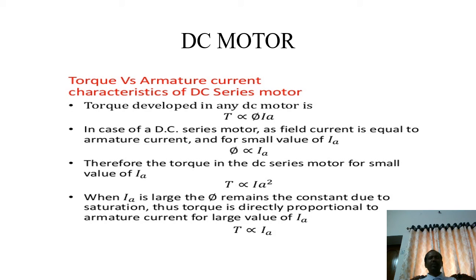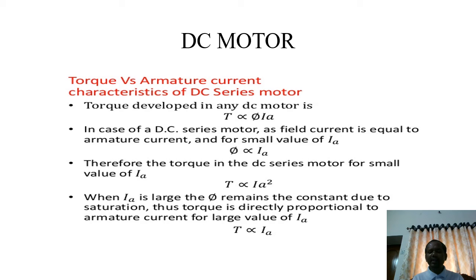First of all, we draw the torque versus armature current characteristics. Torque developed in any DC motor is directly proportional to phi into Ia. In a DC series motor, as field current is equal to the armature current, for a small value of Ia, phi is directly proportional to Ia.